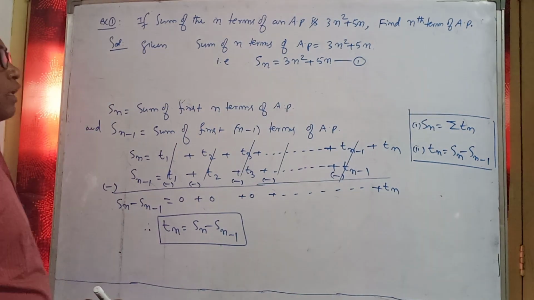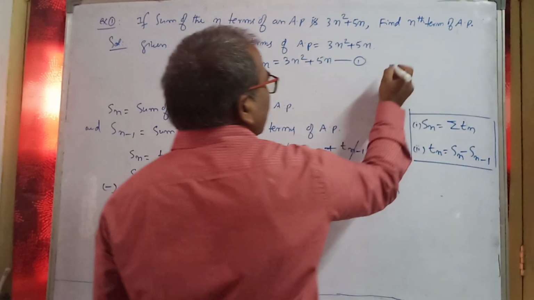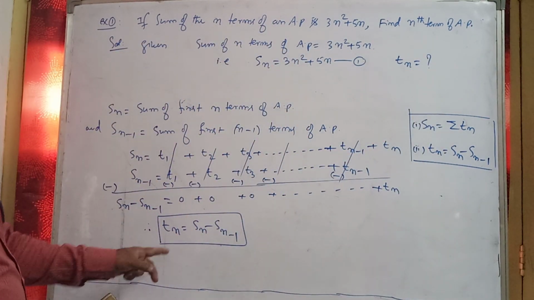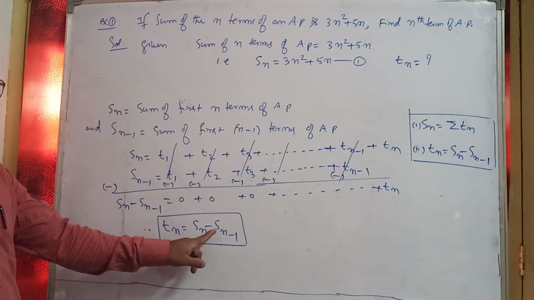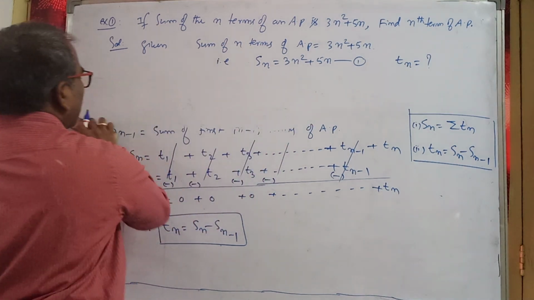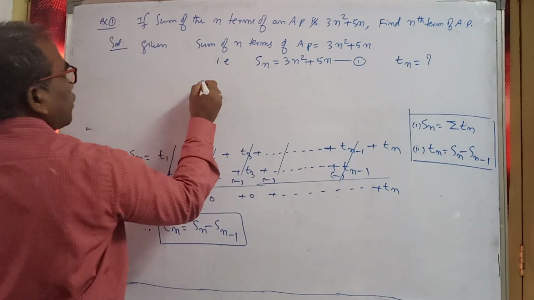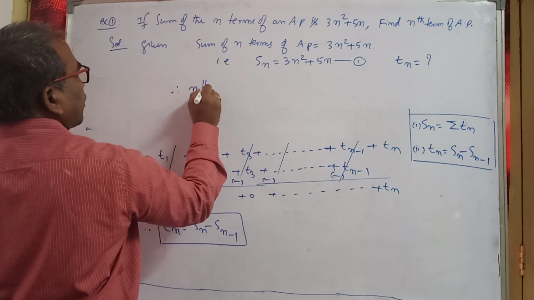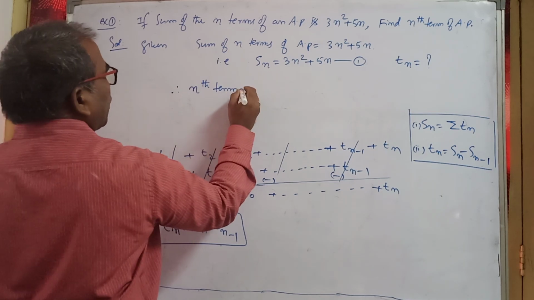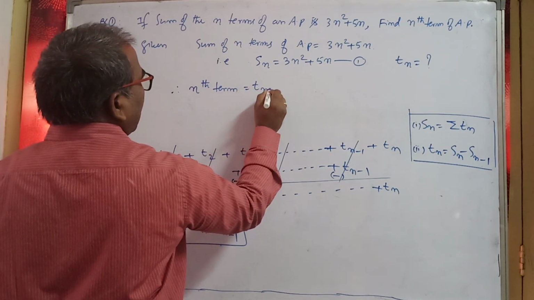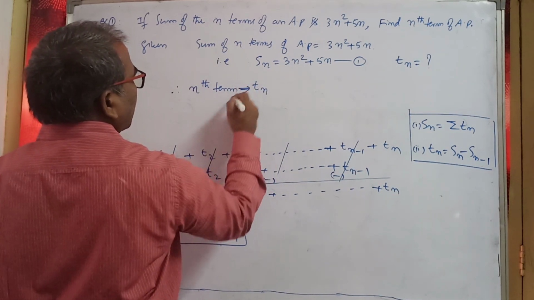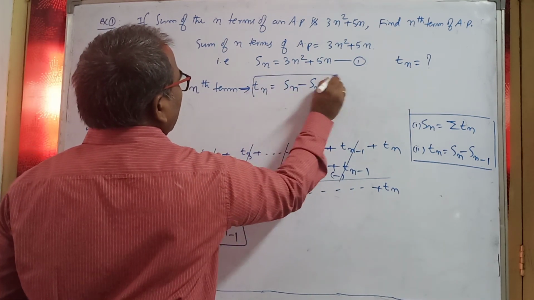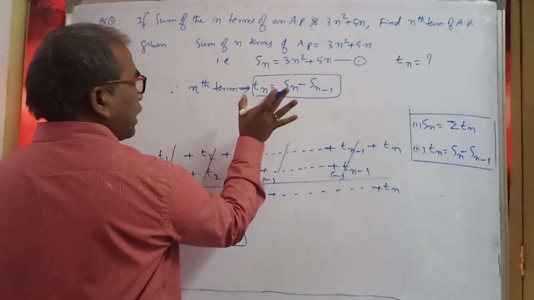Equation 1. They are asking what? They are asking Tn. So use this formula. Tn is equal to Sn minus S(n-1). So therefore, the nth term Tn is equal to... First write the formula Sn minus S(n-1). After writing the formula, keep it in a box.